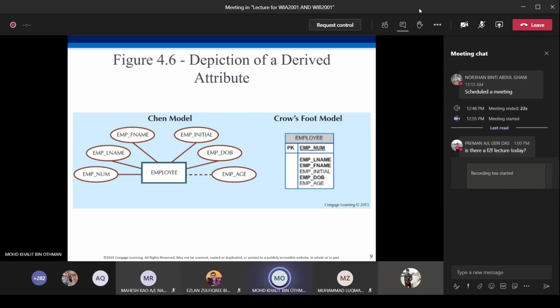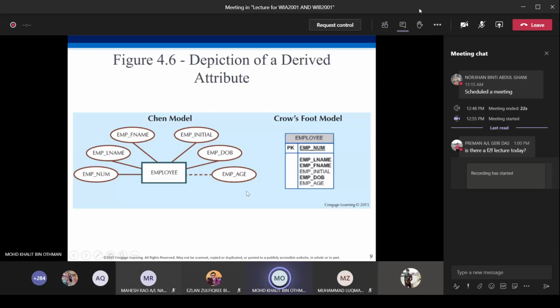So if employee age is derived from the integer plus employee date of birth, we can say that employee age is a derived attribute. Please remember, in Chen notation, a derived attribute is indicated by a dashed line connecting the attribute with the entity.